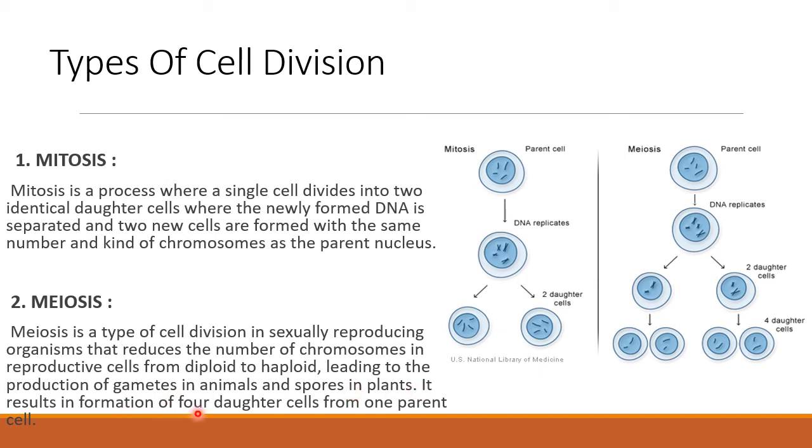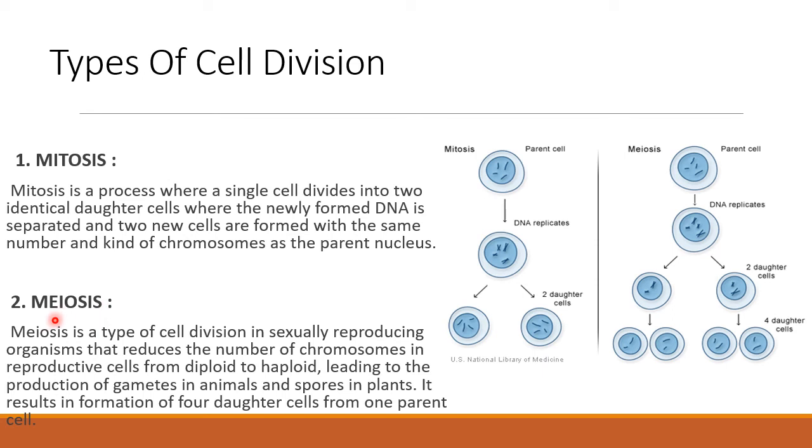So it results in the formation of how many daughter cells? Four daughter cells, from one single parent, and they have the haploid number of chromosomes. That is, each daughter cell will have half the number of chromosomes compared to the parent cell.